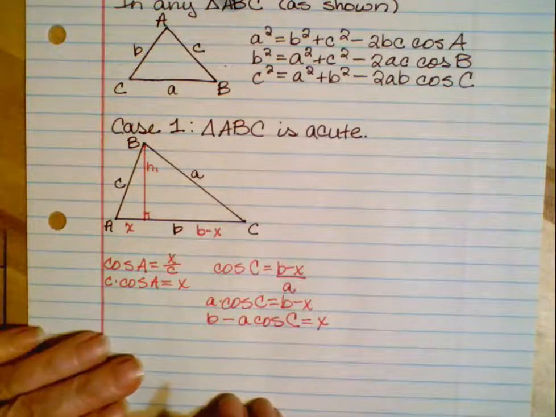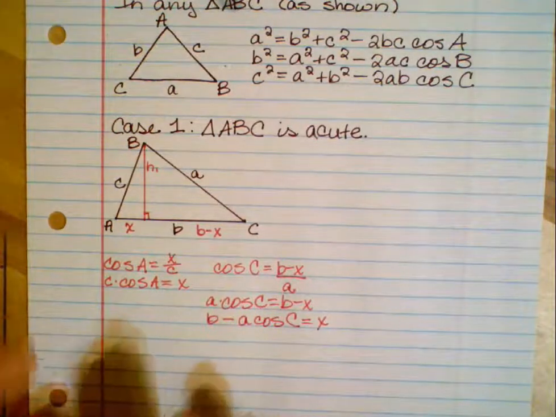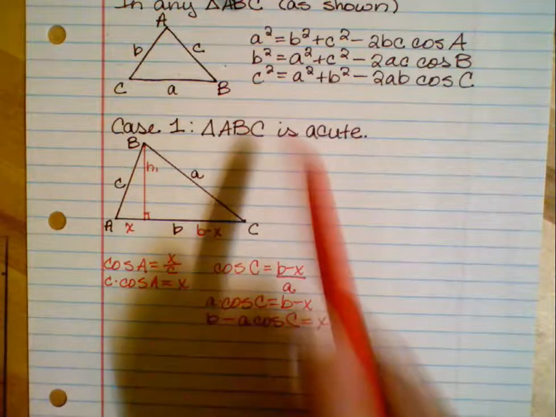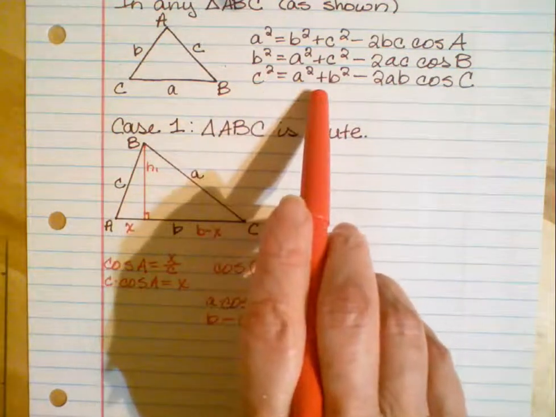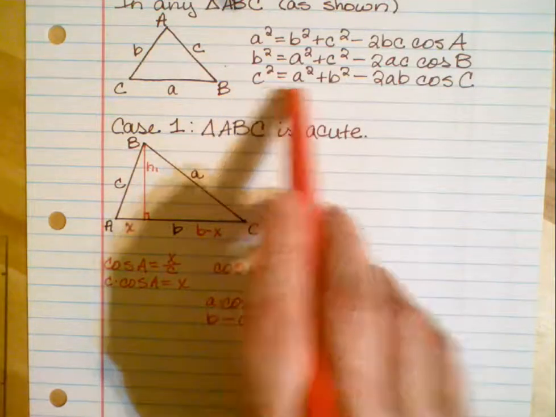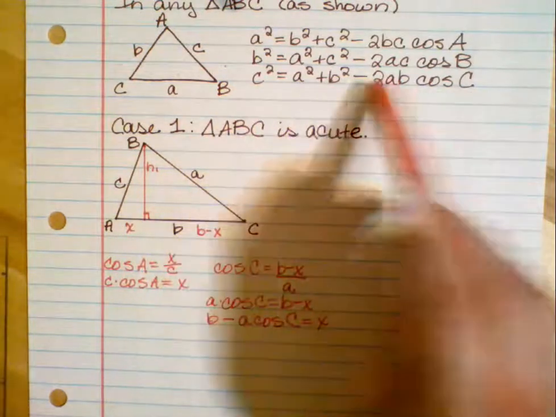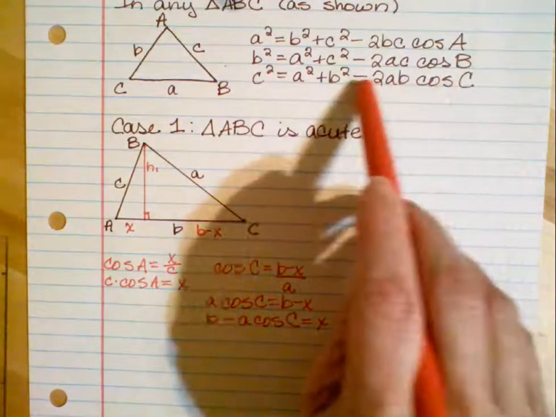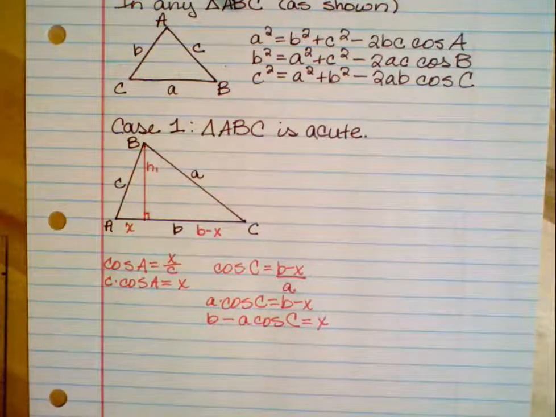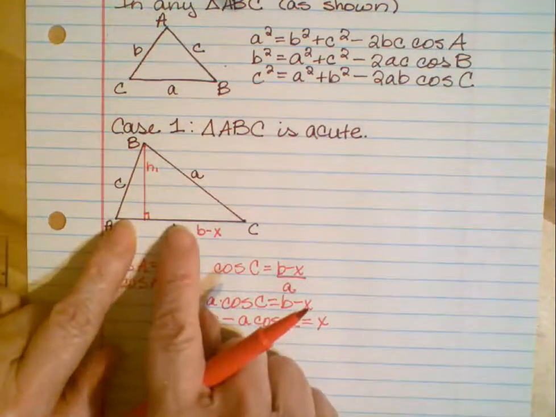These values of x that we now have are going to come into play again in a little bit. Let's go back to the diagram though for a moment. You may notice that in each of these equations, they're pretty similar to the Pythagorean theorem in structure, especially this last one, c squared equals a squared plus b squared. This adjustment is what keeps it from being the Pythagorean theorem, and that's the part that comes from the fact that we have two right triangles here.